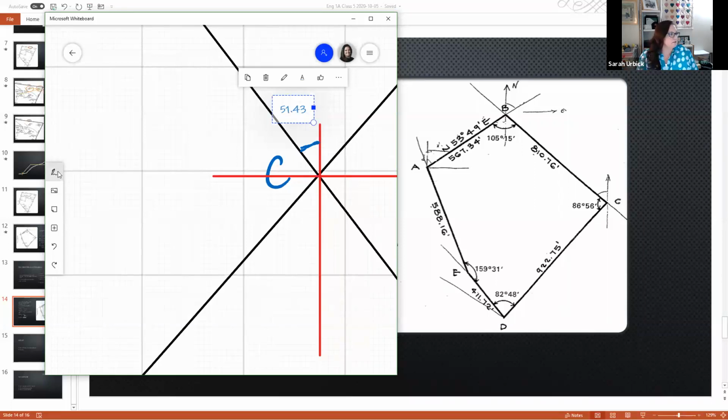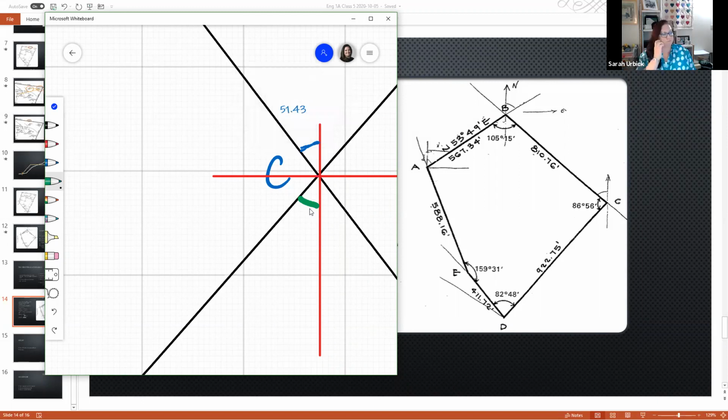Okay, so I'll use a different colored pen. So this angle here is what we're looking for, our bearing, right?